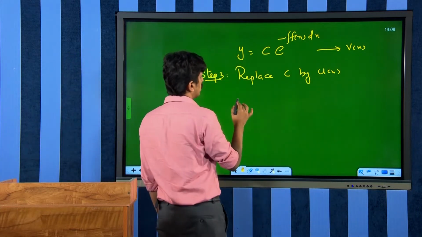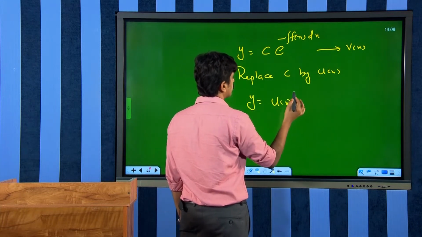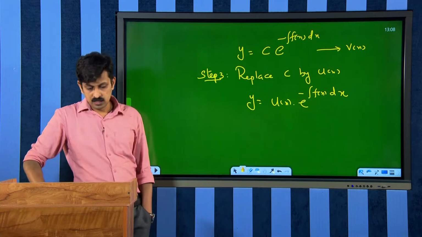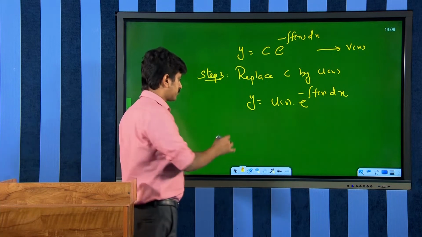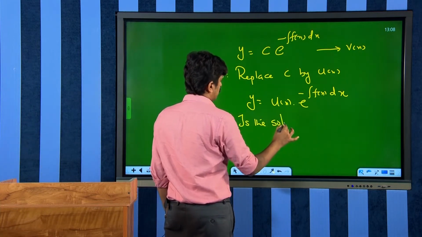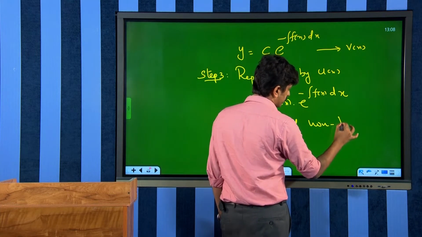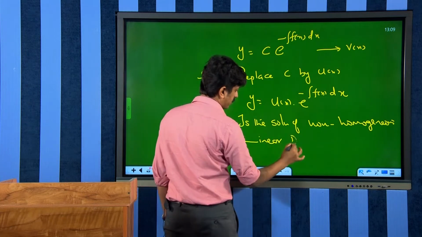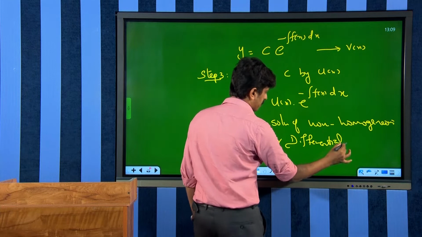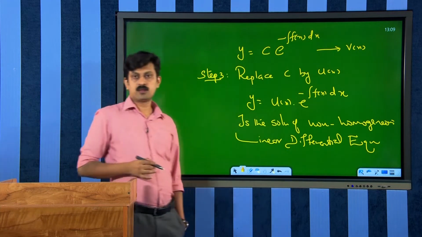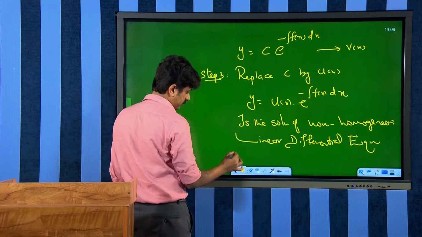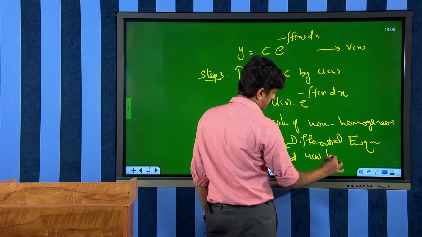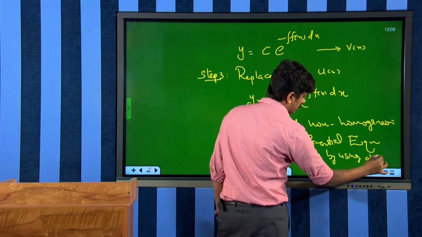So, we can find, therefore, y is equal to u of x into e raised to minus integral f of x dx, which is the solution of the non-homogeneous linear differential equation, and we will find u of x by using the methods discussed above.